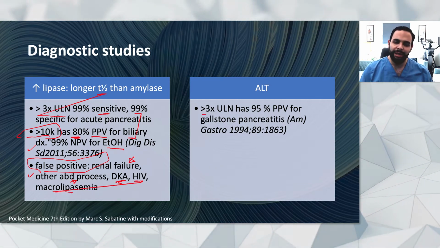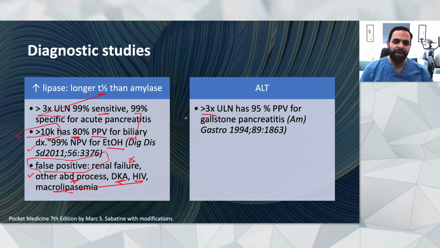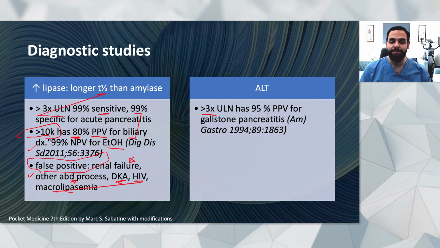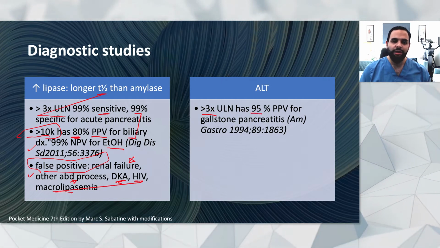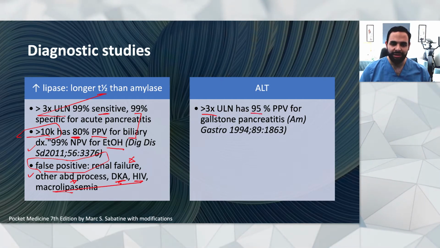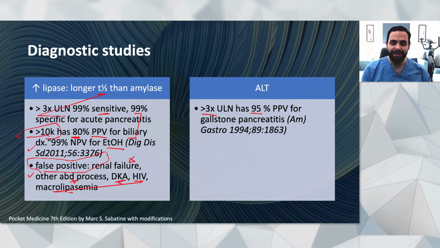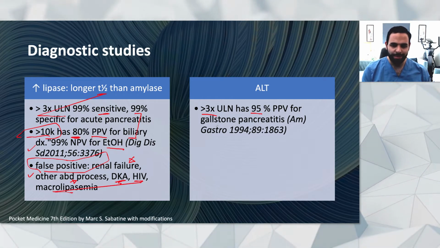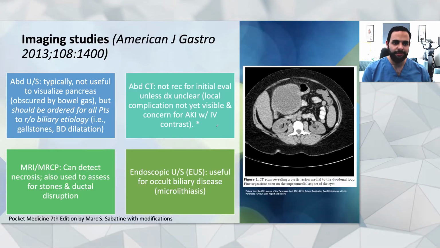ALT, you need it to be, again, 3 times the upper limit of normal and has 95% positive predictive value for gallstone pancreatitis. So we have a lot of tools to diagnose our most common cause of pancreatitis, which also happens to be a very serious cause.